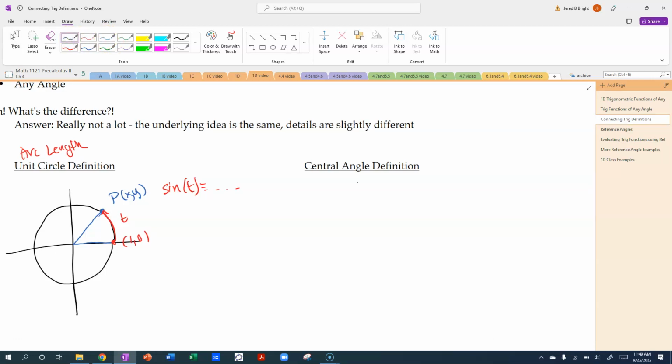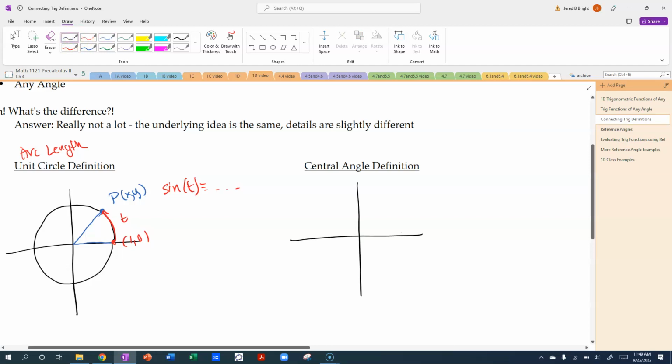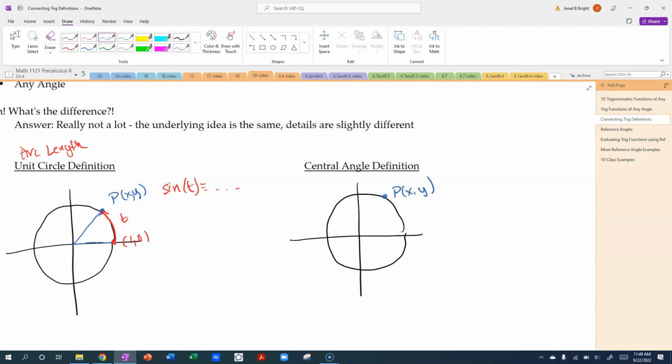So same idea here. We have the unit circle. We're still looking at this point P of xy. And instead of looking at the arc length, I can imagine that if I am looking at this arc length t along here, I can say, okay, well, I can create a central angle here that would be in standard position and have a terminal side that passes through P of xy.